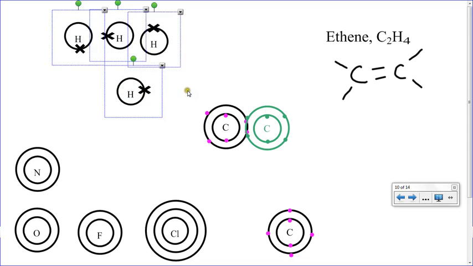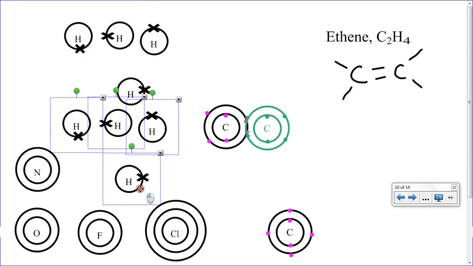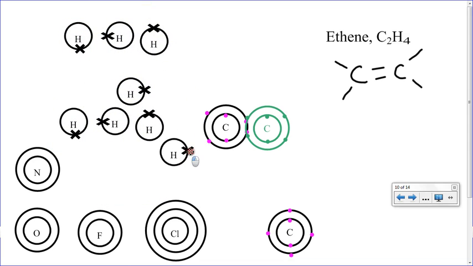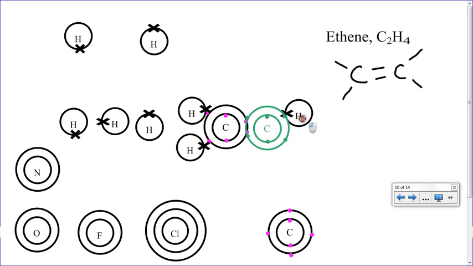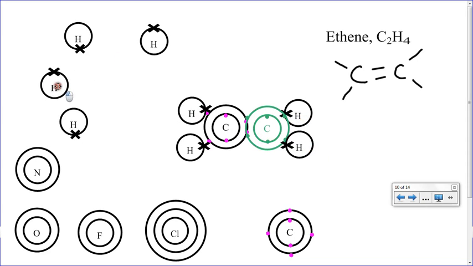There's one, 2, and even though that's a little bit messy, you should be able to see that that's a C2H4 molecule with a double bond. A double bond, remember, is the sharing of 2 pairs of electrons. Of course, that's 4 electrons in total.